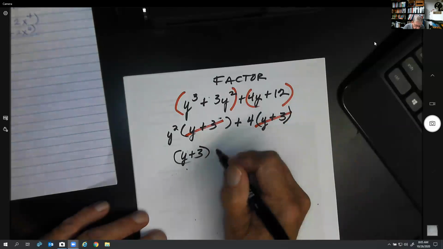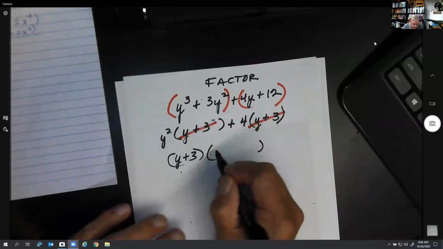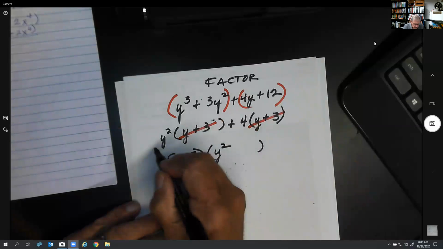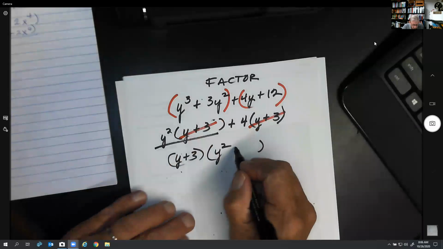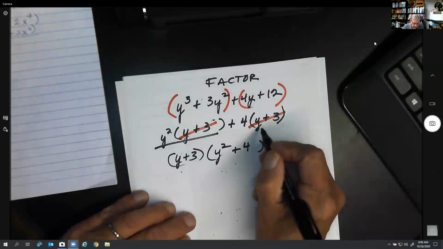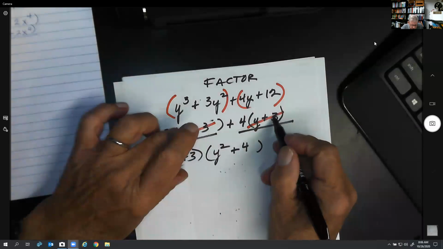And then I'm going to see what I multiplied it by. Y plus 3 times y squared gave me that first group right here. And then y plus 3 times 4 gave me the second group. See? So I can take out a common parentheses.